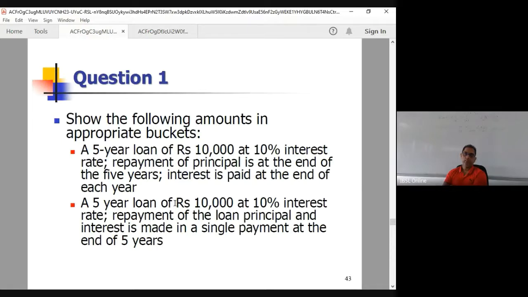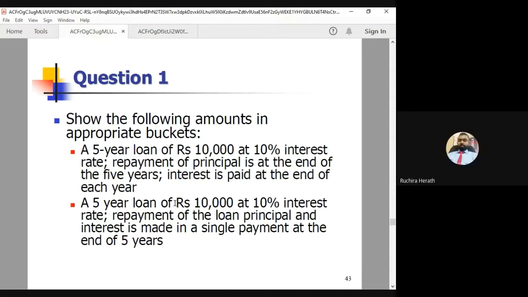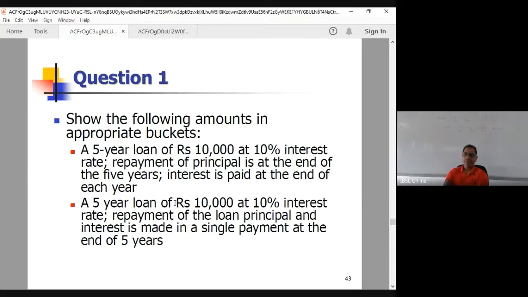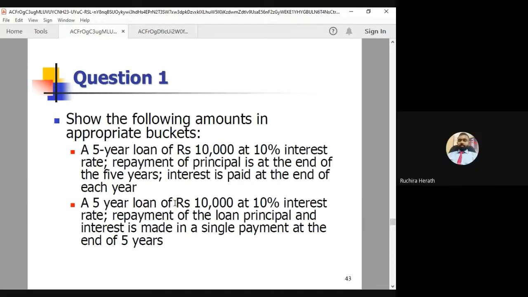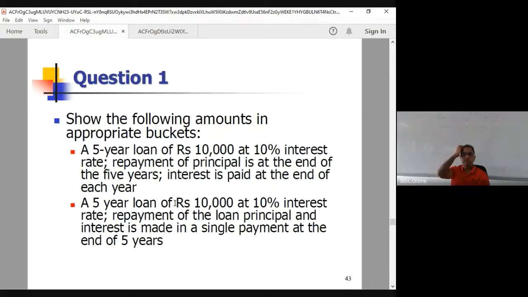So it's an asset you have. The first one is a 5-year loan, 10,000 at 10% interest. Repayment of principal is at the end of 5 years, and interest is paid. So how do you map out the cash flows for that one?